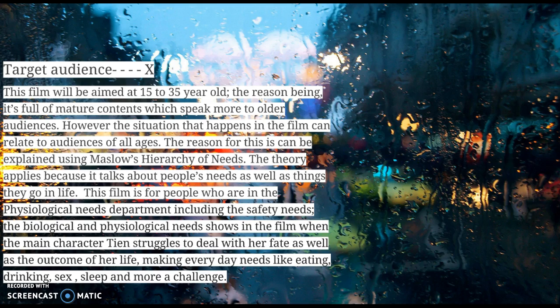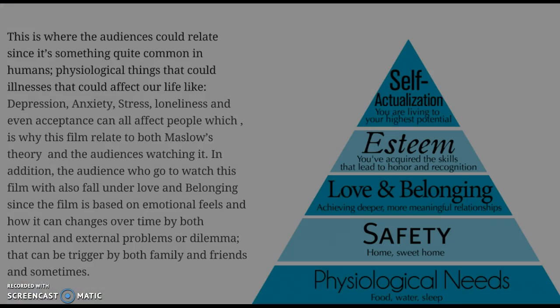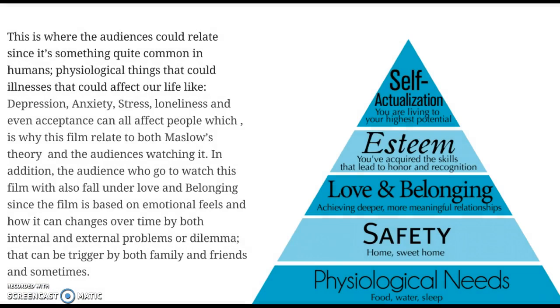But since the main character is not even in that category, she can't even, in this mental state she's in a biological and psychological stage, which is where most of our audience will be. Moving on, more about Maslow's hierarchy of needs.